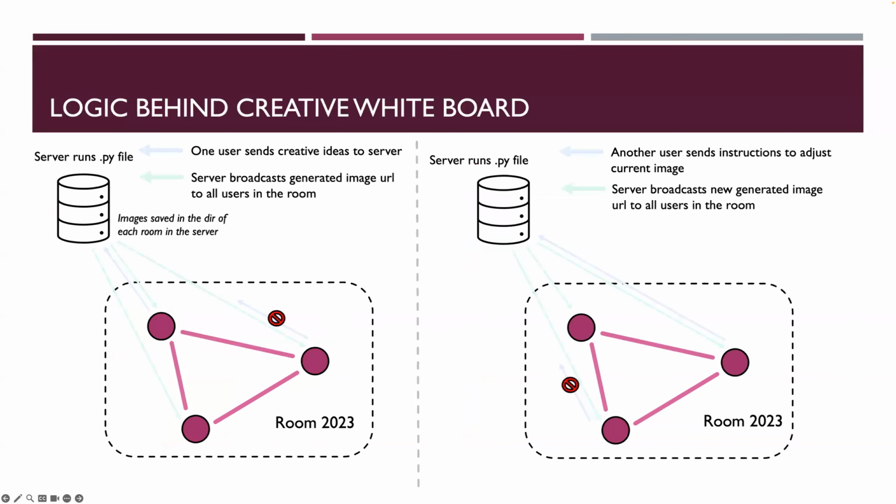Let's dive into the operational mechanics of this process in more depth. For the text-to-image model, on the left-hand side, when a user submits an idea, the server starts the execution of a Python file of the text-to-image algorithm. Once the algorithm generates the image, it is securely stored in the server's directory dedicated to each specific room. Following this, the server broadcasts the URL of the newly created image to every user within the room.